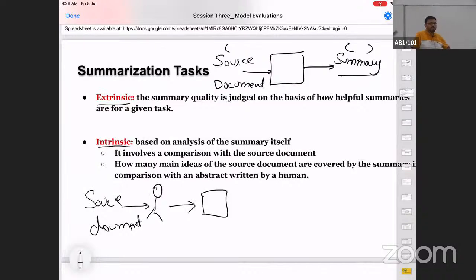So how are you going to evaluate the machine generated summary? You will compare it with the human generated summary. And if the two summaries are very close to each other, then the model is performing well. Very simple idea, right? So this is called intrinsic evaluation of the summarization task. Extrinsic is a different thing, intrinsic is a different thing. Intrinsic is more popular. Now, what is the challenge in this evaluation?